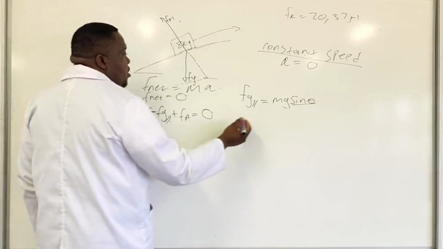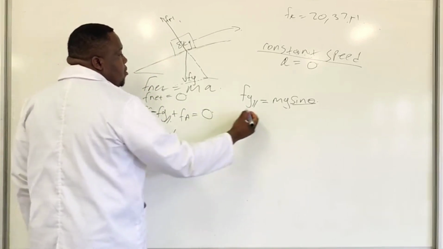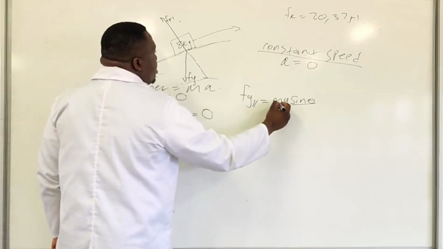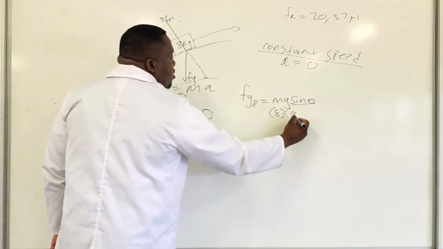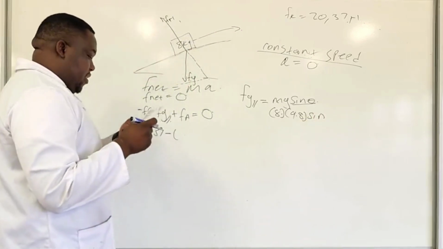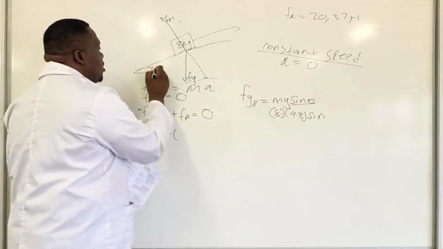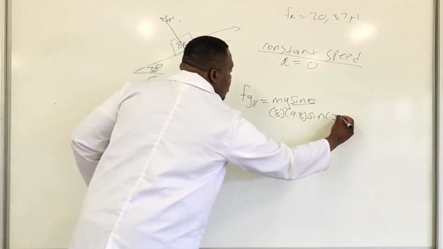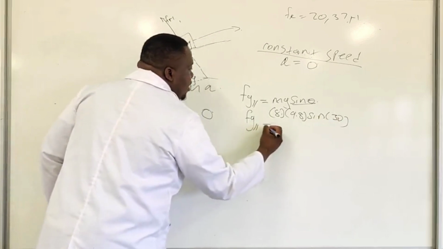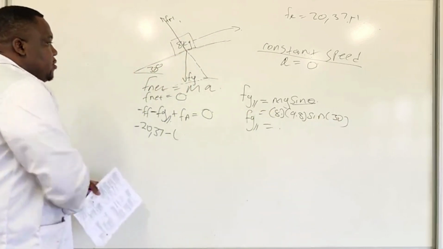So then here we are going to have minus, here we put 9.8 sine. What is the theta for the question that we are treating? It is 30. There's a 30 here. So Fg parallel is equal to what? We punch that in.